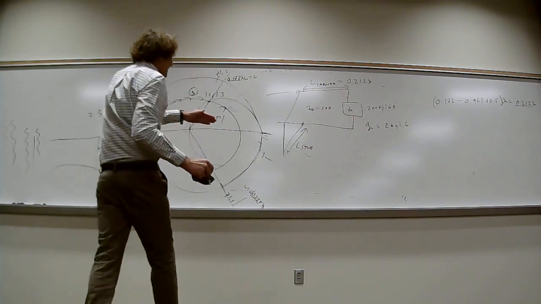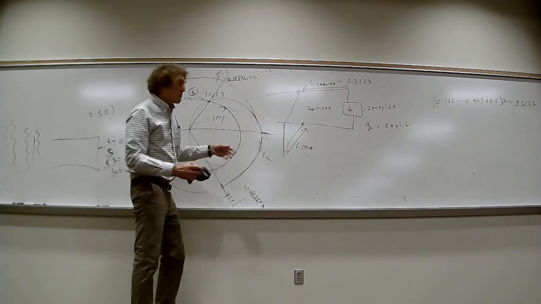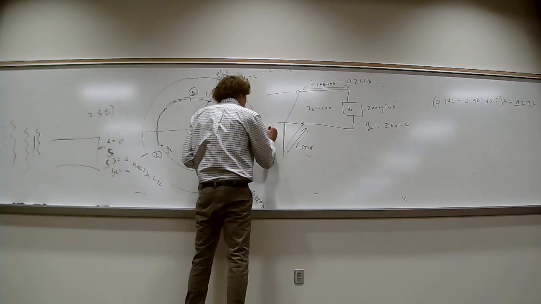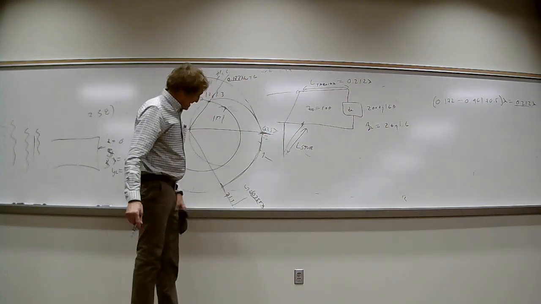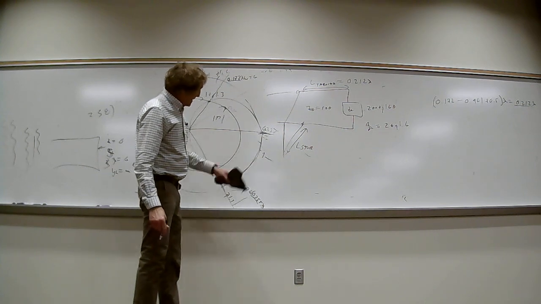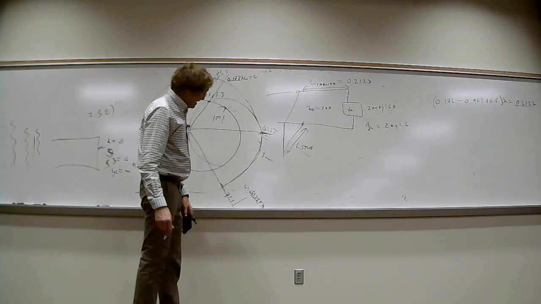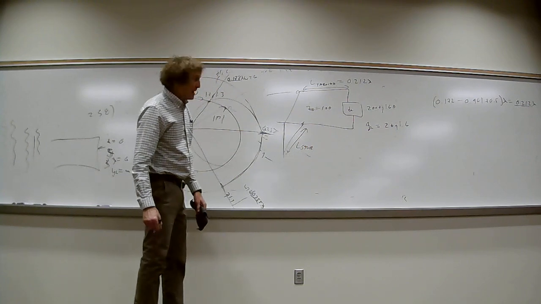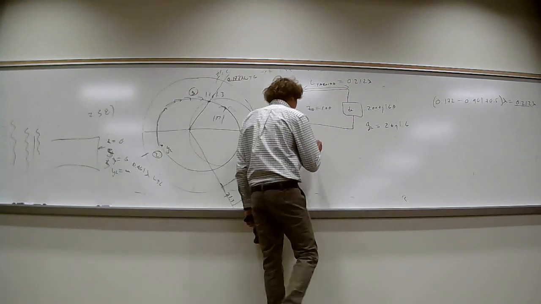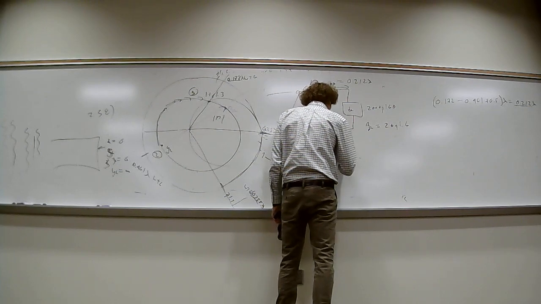You started here. You all follow me? That's 0.25. That's where you started. So your actual movement is 0.355 minus 0.25, which is going to be 0.105 lambda, right? Yeah. So L stub is going to be 0.105 lambda.